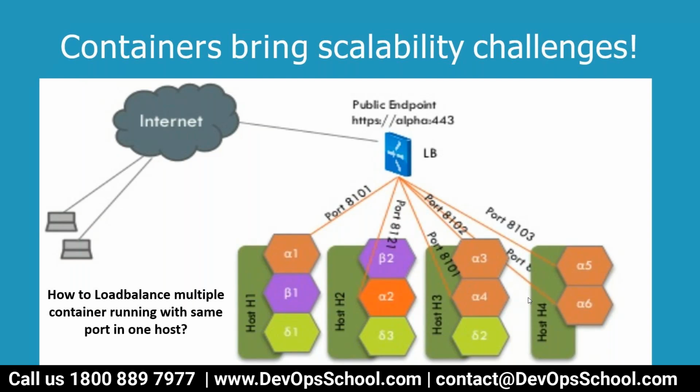That is against the load balancer rule. You see that? So running is one challenge. The second is how to load balance multiple containers with the same port on one host, because if you do that, your load balancer will not work. Are you understanding, all of you? Yep.